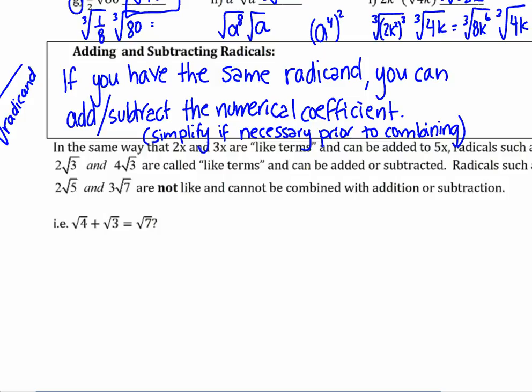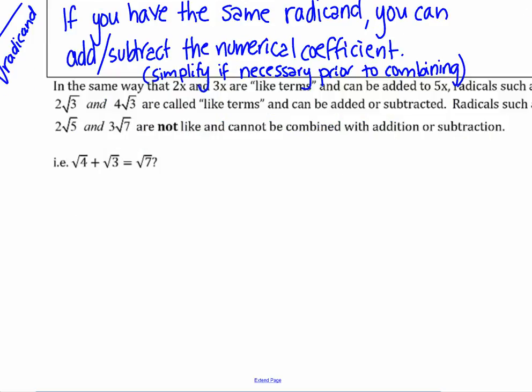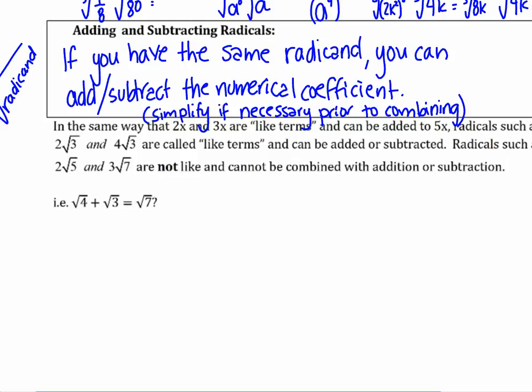Remember, I don't know if you covered this last year. If not, this will be new. So think of it this way. Root 4 plus root 3, is that root 7? Well, what is the square root of 4? Tell me. 2. What is the square root of 3 to, let's say, 6 decimal places? 1.732051.